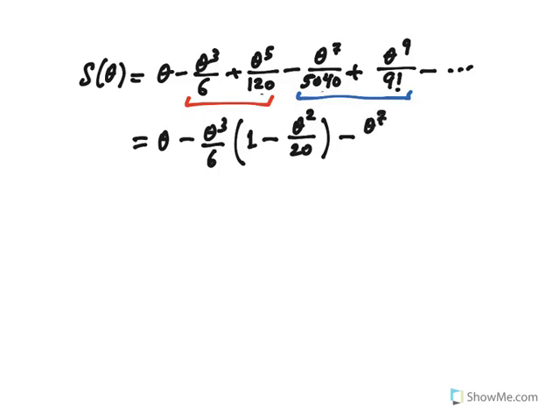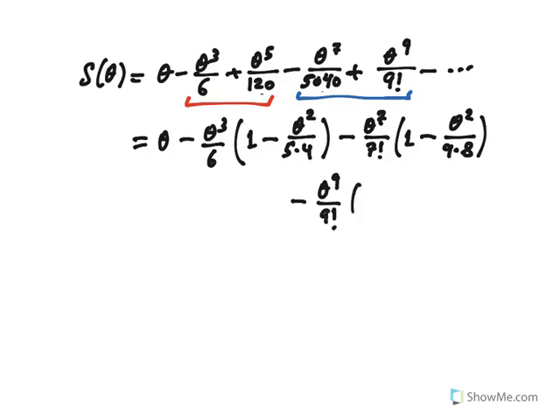Factor out a minus, factor out a theta to the 7 over 7 factorial, and what's going to be left is a 1, and then a minus, and then a theta squared over 9 times 8. This 20 is just 5 times 4. The next would be a 1 minus theta squared over 11 times 10. And that pattern keeps going, just by grouping the terms two at a time.